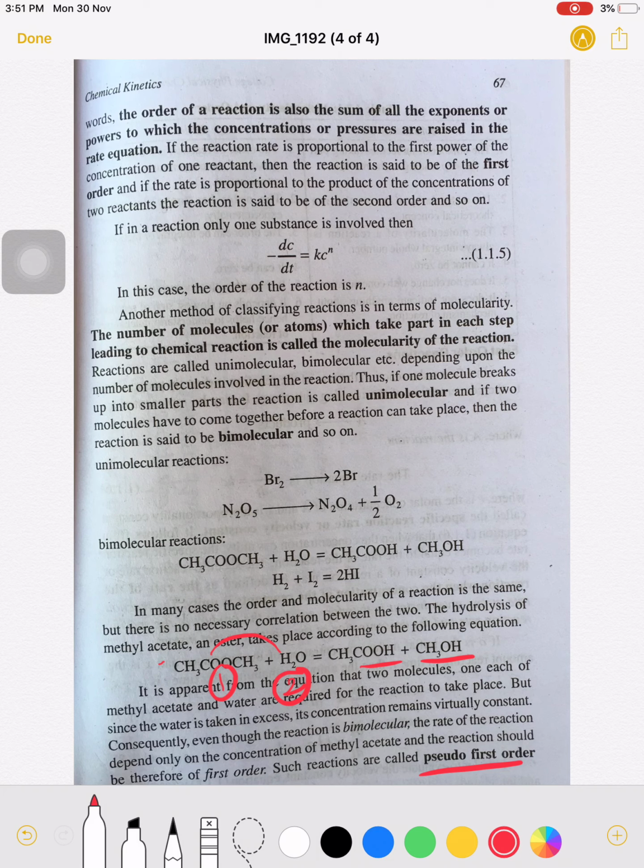But if you see the change in concentration of these two, only the concentration of ester changes, and therefore the rate of reaction depends only on the concentration of this ester. Therefore, the order of reaction is not second order, it is only first order, though there are two molecules. Therefore, this reaction is known as a pseudo first order reaction.